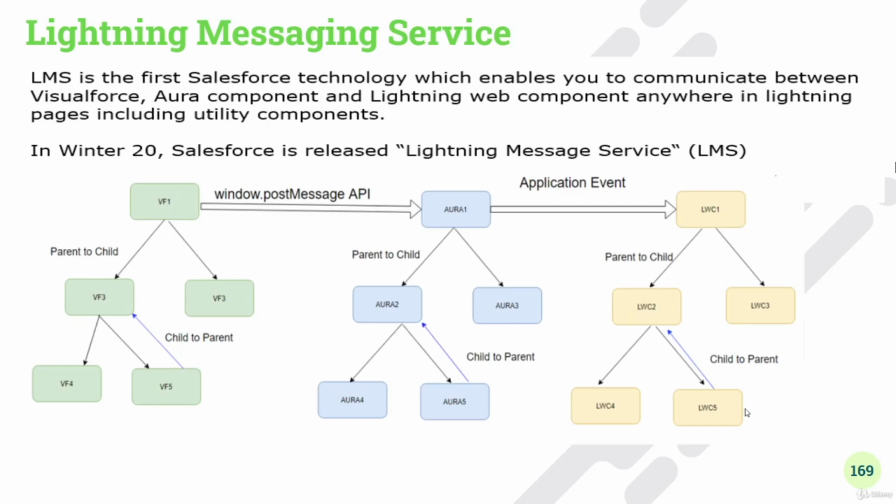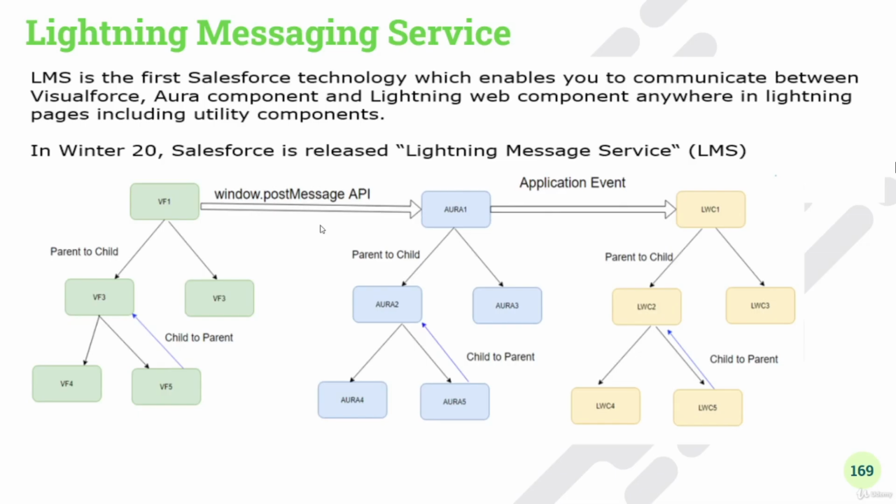But there was a challenge when we try to communicate from a Visualforce page to Aura or a Visualforce page to LWC or vice versa. There are some alternative approaches, but each approach is unique and not standardized. So every time you have to learn a different way to communicate from Aura to Visualforce page, LWC to Visualforce page, and passing the data or a message was very challenging.